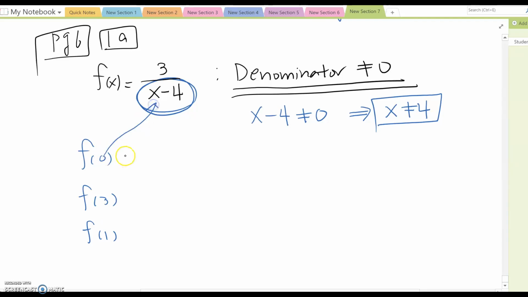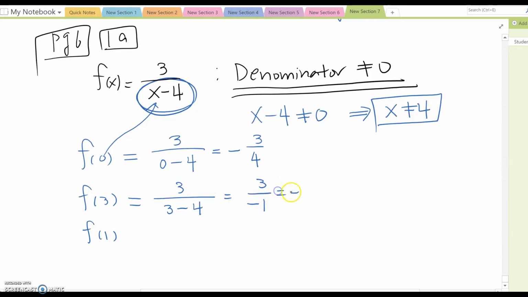Then this becomes 3 over 0 minus 4, so negative 3 over 4. This one is 3 over 3 minus 4, which means 3 over negative 1, so negative 3. This one, 3 over 1 minus 4, so 3 over negative 3, so negative 1.